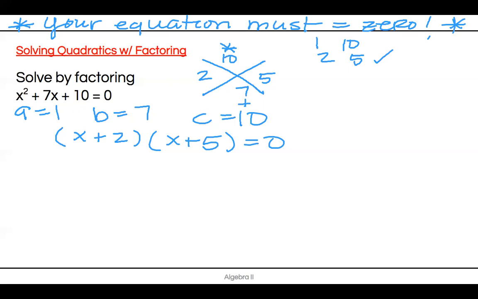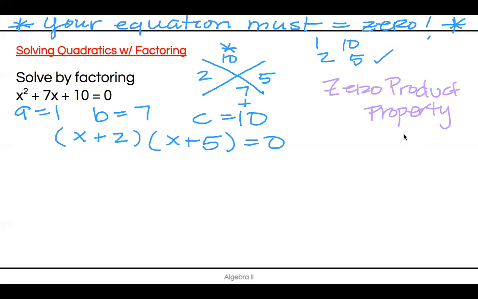Okay, so now let's put a little side note over here to the right. And our side note is going to be something called the zero product property. And so if you're taking Cornell notes, this is something that would be on your left margin so that you can know what it is, okay?